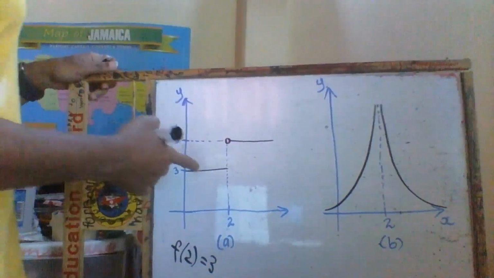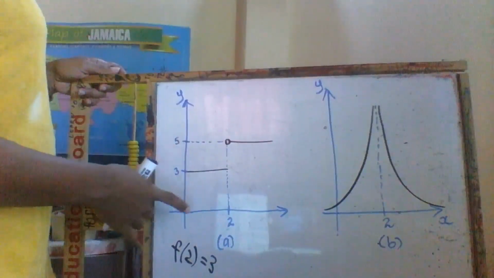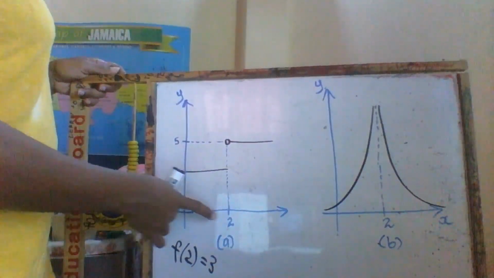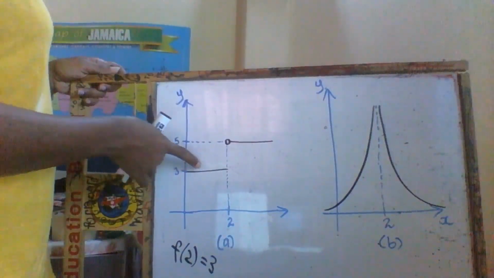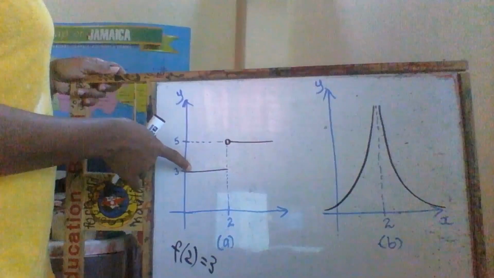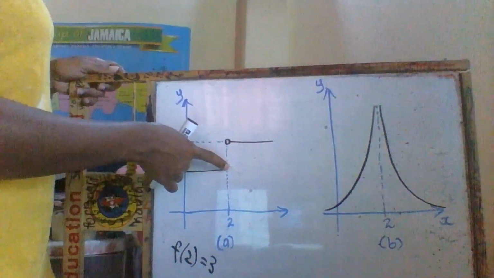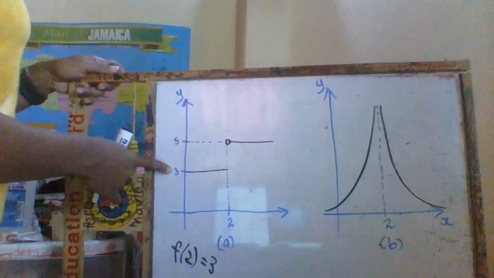But the limit as x approaches 2 from the left and from the right, look what happens. If you're approaching 2 from the left, it means you're on this road, you're on this graph. You're approaching this spot, and at this spot, your y value is 3.